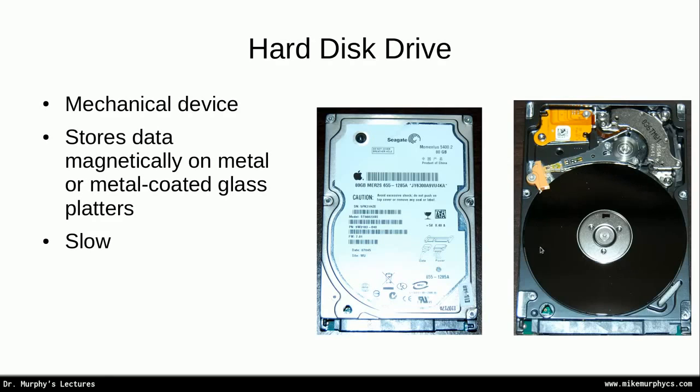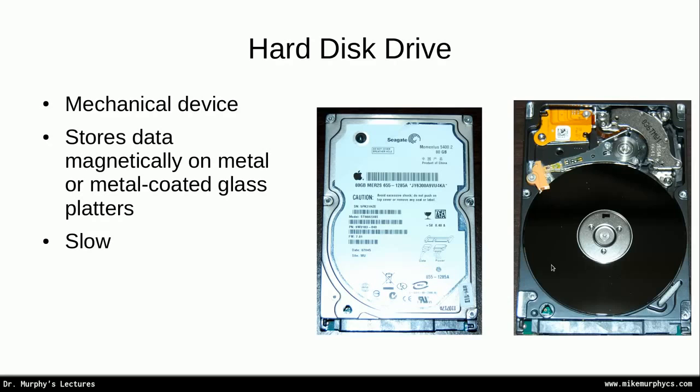But this thing is mechanical. This thing rotates around. These drive heads move back and forth. Compared to the CPU, that takes forever. It's an extremely slow process in computer times.